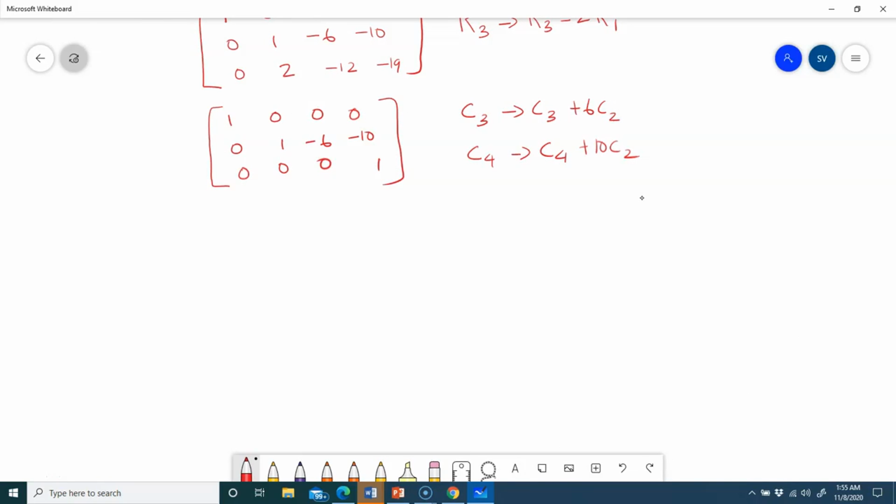Okay, so after that operation, my matrix is this: 1 0 0 0, 0 1 0 0, 0 0 0 1. This is the matrix that I found from here.